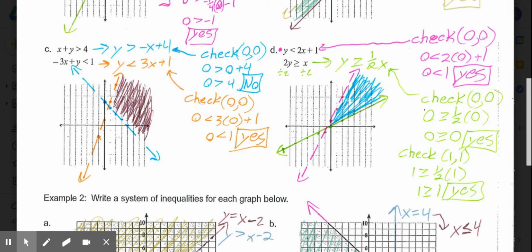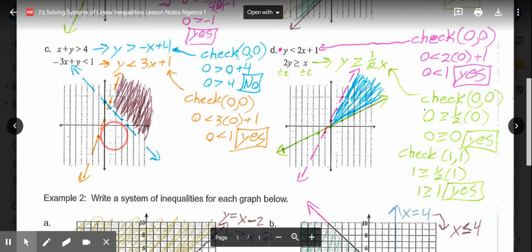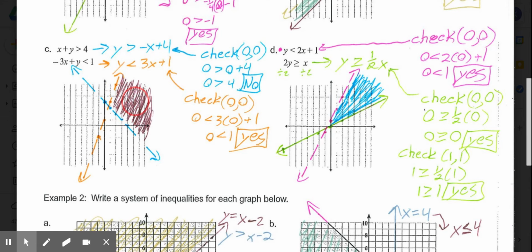Then with the bottom equation, checking 0, 0 again, ends up with 0 is less than 1, which yes, 0 is less than 1. So for the orange line, we'd be shading to the right. So above the blue, right of the orange gives us this region right up here. So any numbers in this region would be a solution.